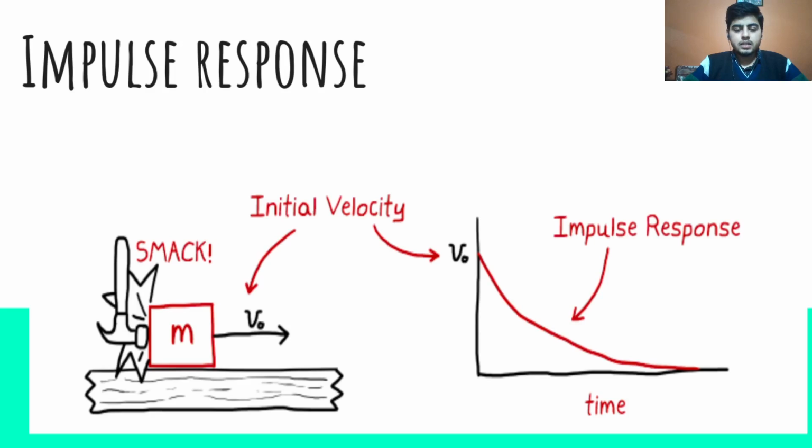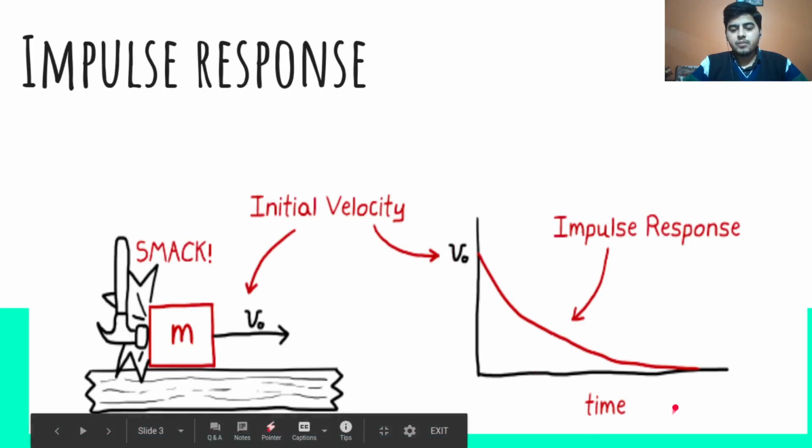So let's go. To understand impulse response, let's take a real life example in which we have a block of mass m sitting on a table, and we hit this block with a hammer. Due to this hit the block will acquire a velocity v naught, and due to friction after some time it will slow down and eventually come to rest. And this v versus time plot will look something like this.